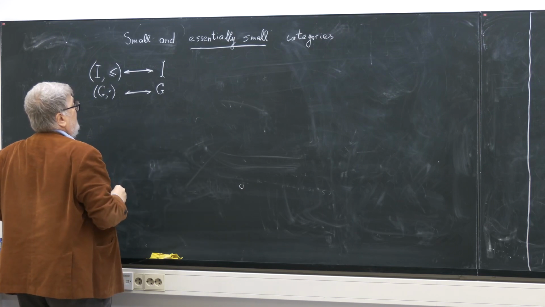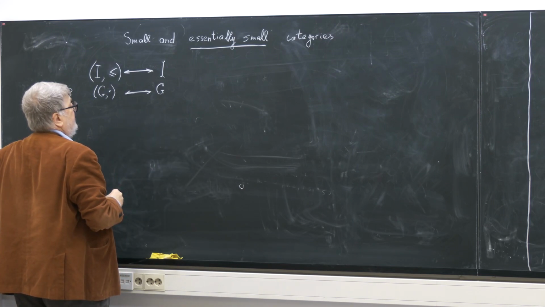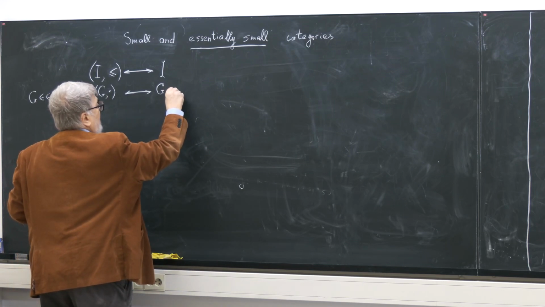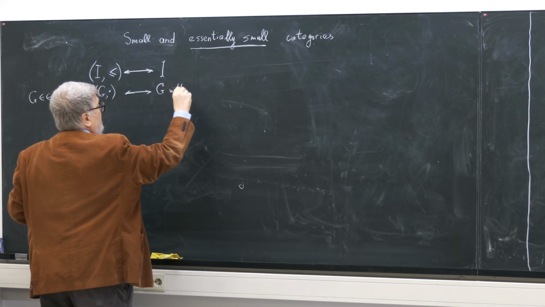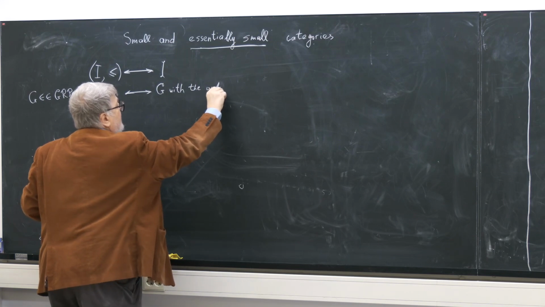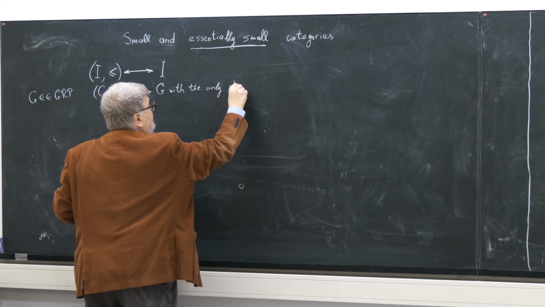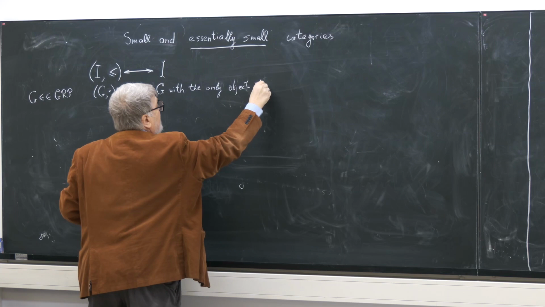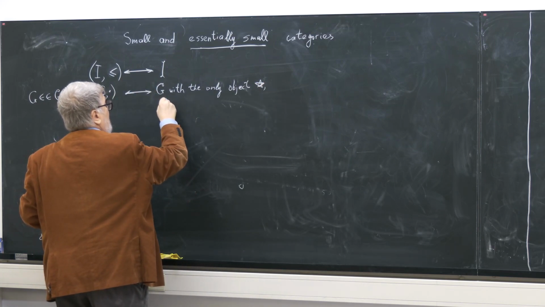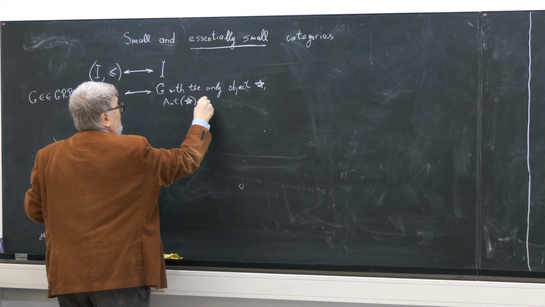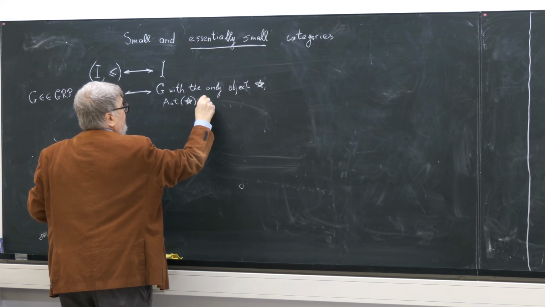J, with, I use words to avoid the equality, only one object, say star, and the group of automorphisms of star being by definition J.